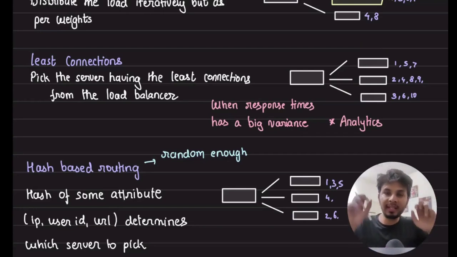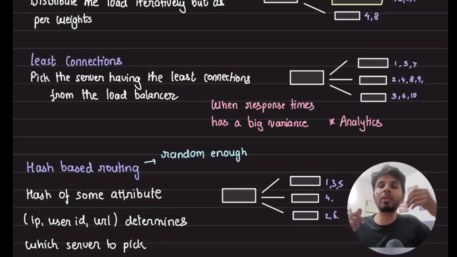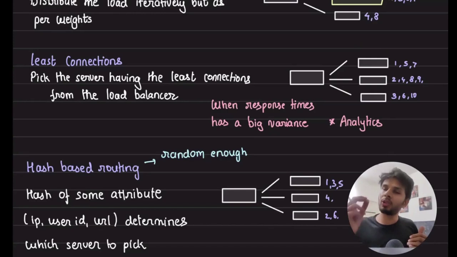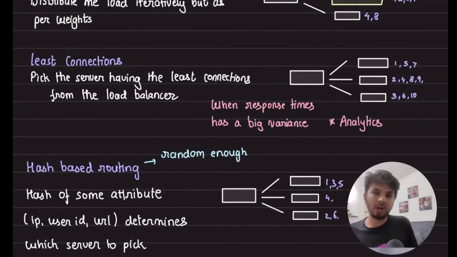And the degree of freeness is proportional to the number of connections the load balancer has with the backend server. So it always picks the one with the least connections from the load balancer. Right? This is where you'll use the least connection based approach. And the final algorithm that I'd like to talk about is hash based routing.